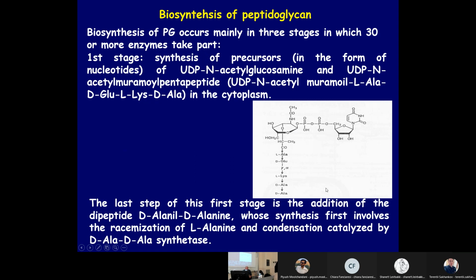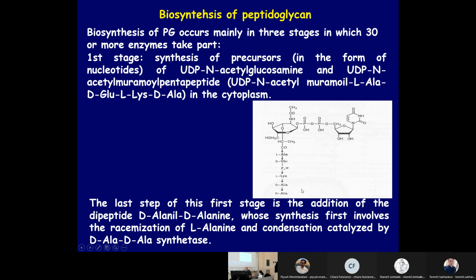Here you can see an important unit of the peptidoglycan, a unit of muramic acid, you see, and acetylglucosamine and UDP-N-acetylmuramoyl pentapeptide.